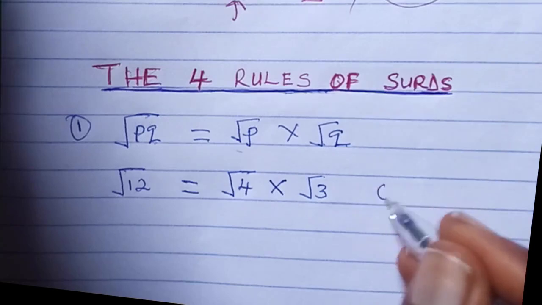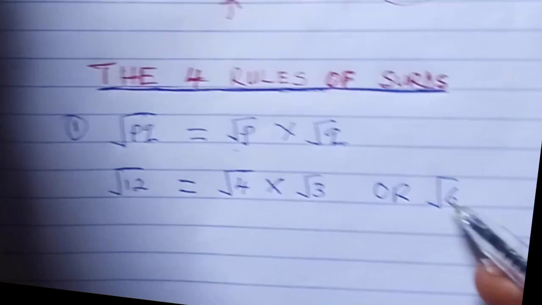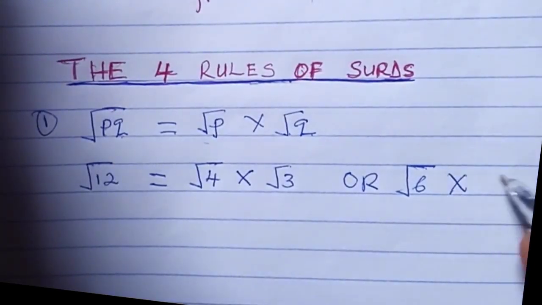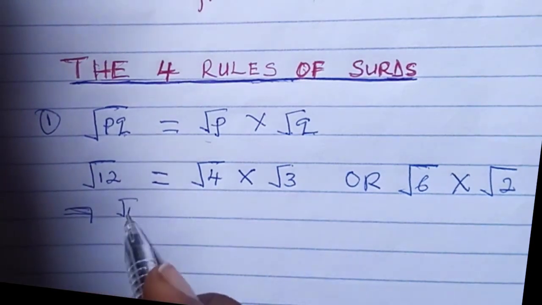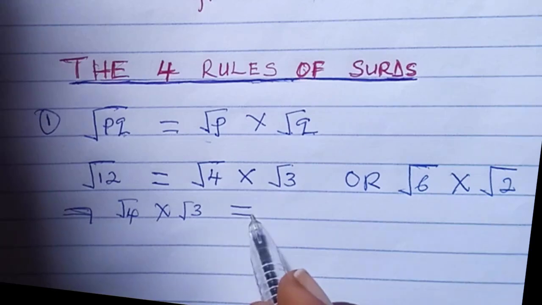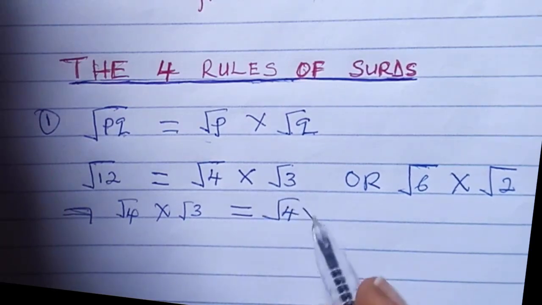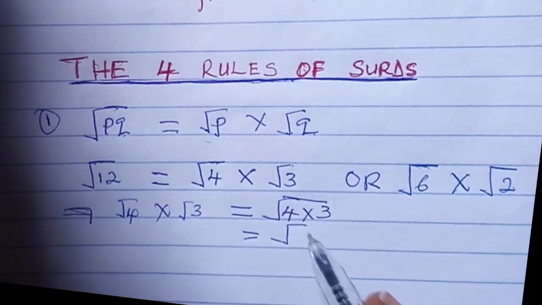Or you can still choose to express it this way as root 6 times root 2. Conversely, if you are given root 4 times root 3, you can also express it as root of 4 times 3, which is equal to root 12. So this is what the multiplication rule is all about.